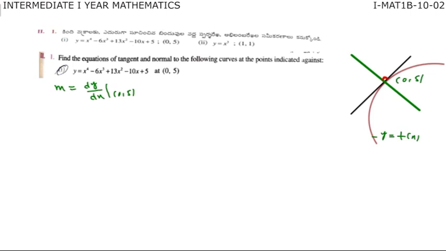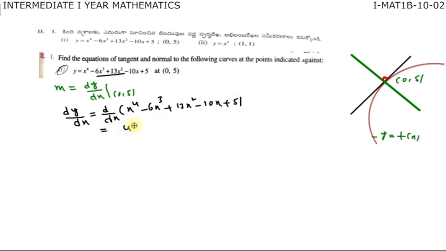So for that, differentiate this curve both sides with respect to x. dy by dx is equal to the derivative of x power 4 minus 6x cube plus 13x square minus 10x plus 4.